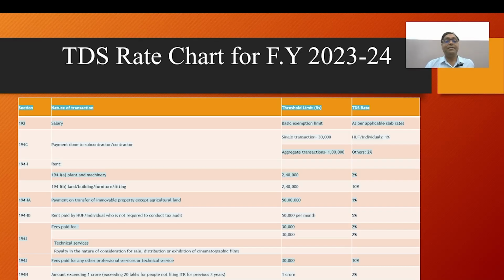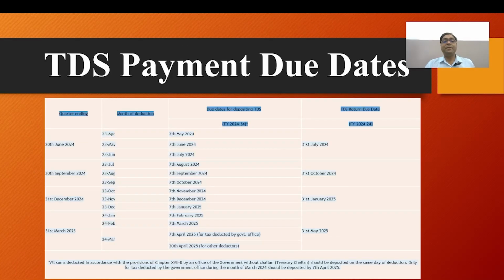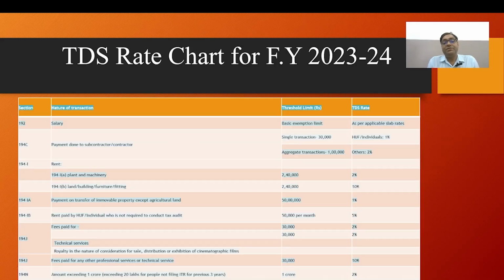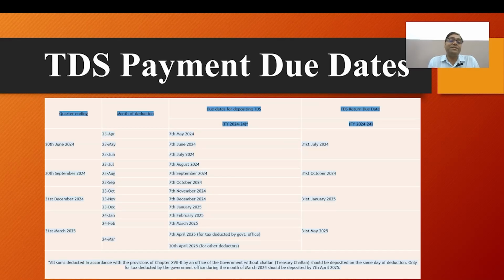Now we will discuss the TDS payment due dates. First we will discuss the structure of the TDS and the percentage of TDS. Then we will discuss how much TDS you collect and when you can pay it to the TDS department.